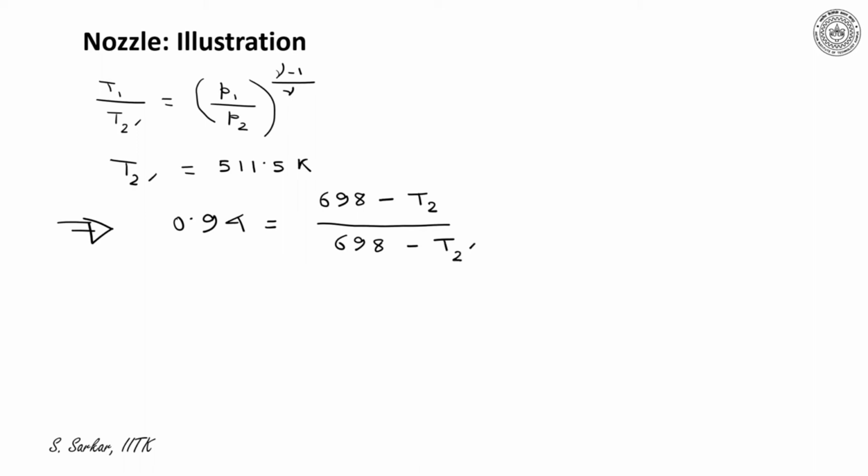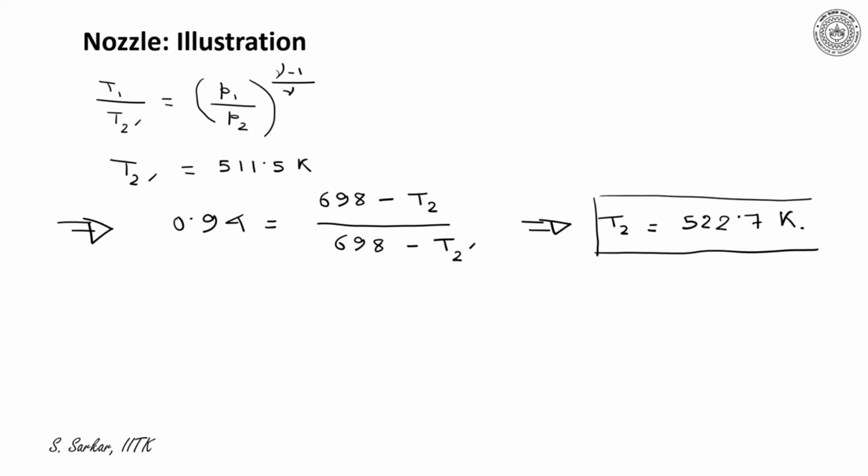Thus from here I can project T2. If you calculate, you will get T2 is equal to 522.7 Kelvin. So I have got the actual temperature of gas at exit.